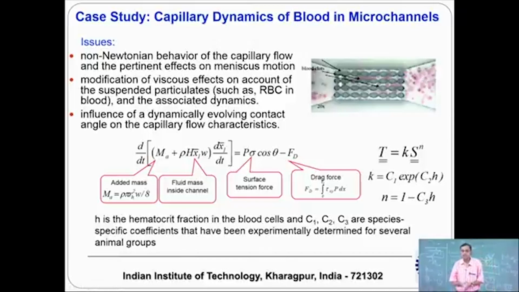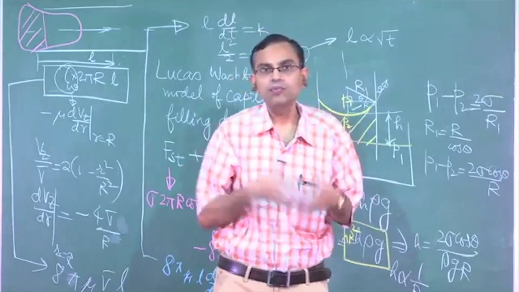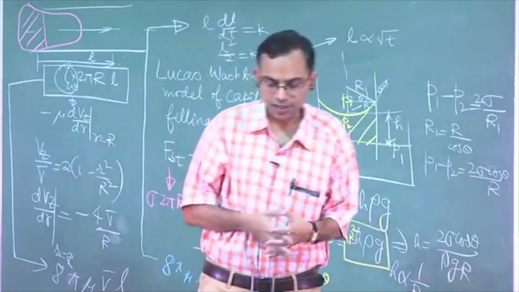The shear stress depends on how you model blood, and here I will describe a little bit of the hematological issues that can crop into the picture when we are modeling blood.